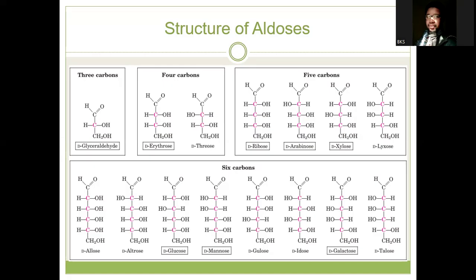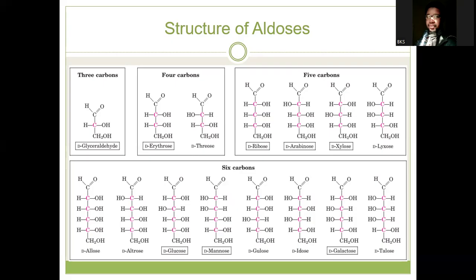For example, let's look at the 3 carbon. The one in red, we can see they have 3 carbons here. Which of these carbons is asymmetric? The carbon in which the 4 groups attached to it differ. Of course, number 1, no, we have only 3 groups, rather, so it's incomplete.